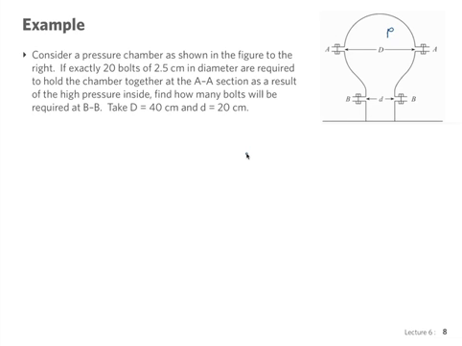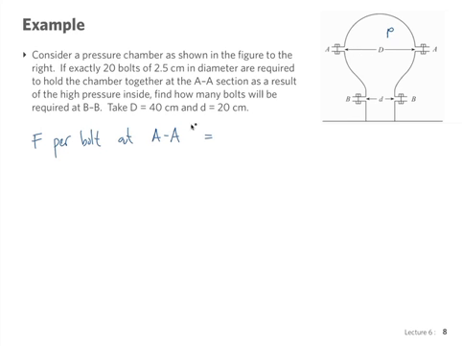So again, we have a hydrostatic force, but in this case, the hydrostatic force is due to a pressure inside the tank. It's not due to any column of liquid. We have a pressure inside the tank that wants to push these pieces apart. So the force per bolt at the section AA is going to be, what's the area of that section?